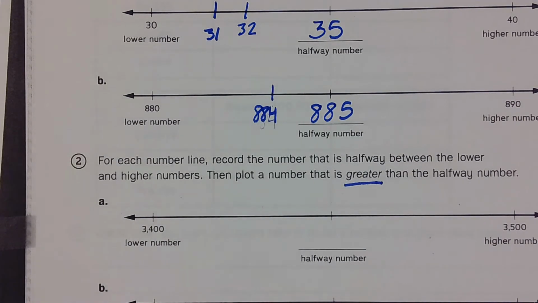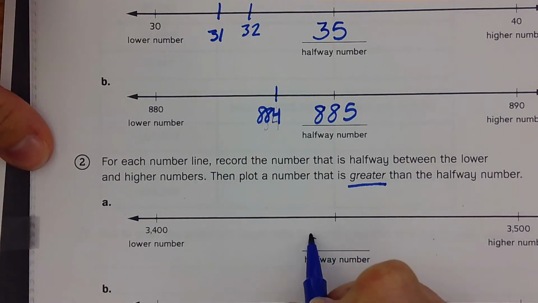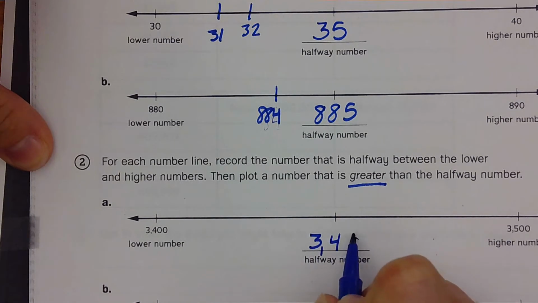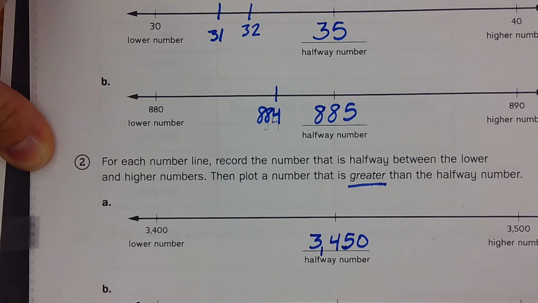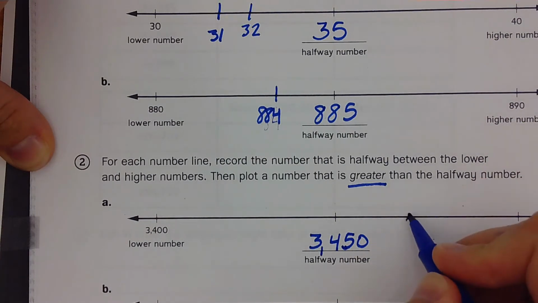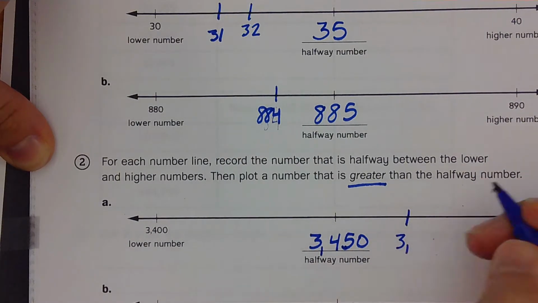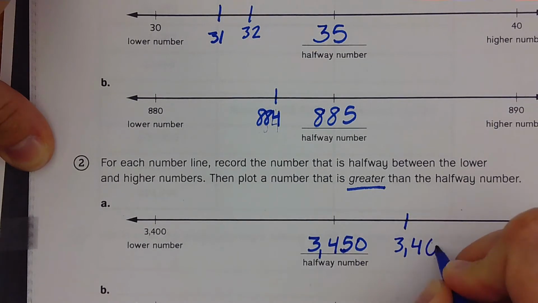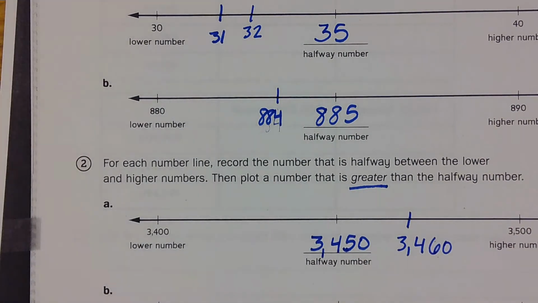And half of 100 is 50. So I'm going to add 50 to 3,400 to give me 3,450. And I can plot any number that's in between there. So I'm going to go with 3,460. Okay? It's still less than the greatest number, but it's greater than our halfway point.